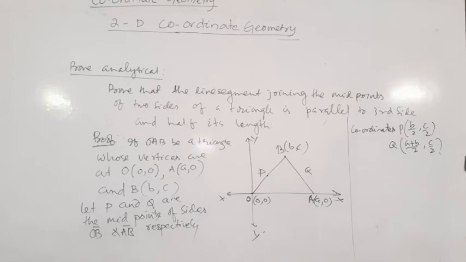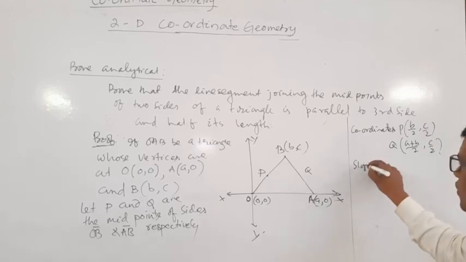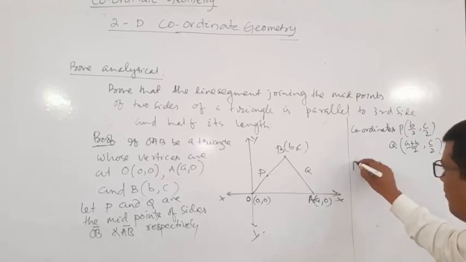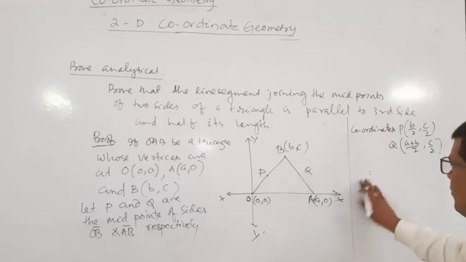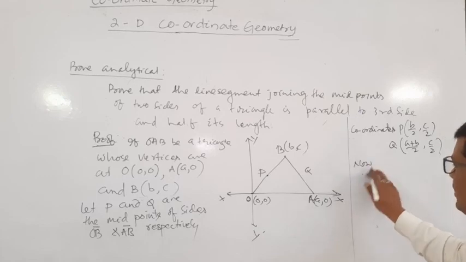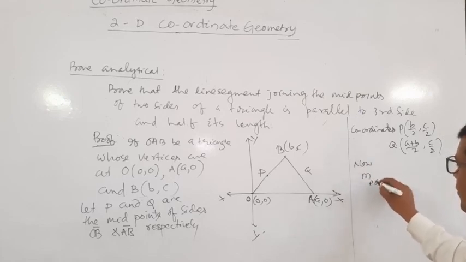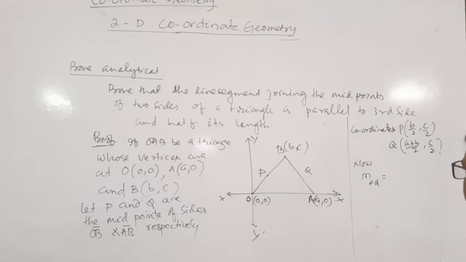Now, the slope of PQ, MPQ. Symbolically, MPQ is equal to the difference in y over the difference in x: (c by 2 minus c by 2) divided by ((a plus b) by 2 minus b by 2). 0 divided by any nonzero number is 0, so the slope of PQ is 0.